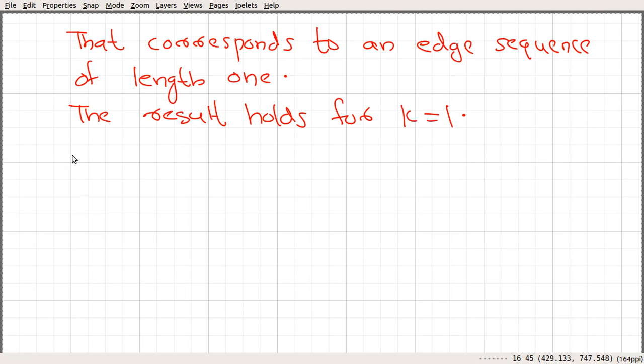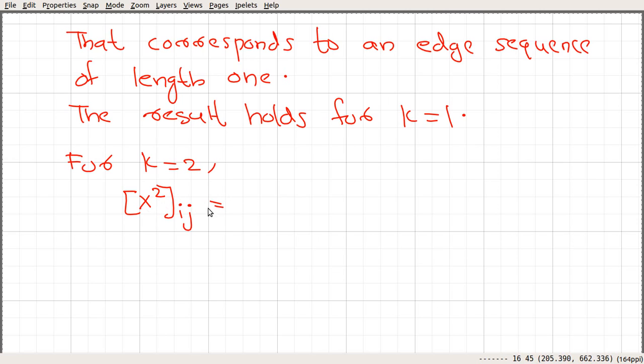Okay, let's consider one more base case, for k equal to 2. So again, if we look at the ijth entry of this matrix, this is nothing but multiplying the adjacency matrix with itself.